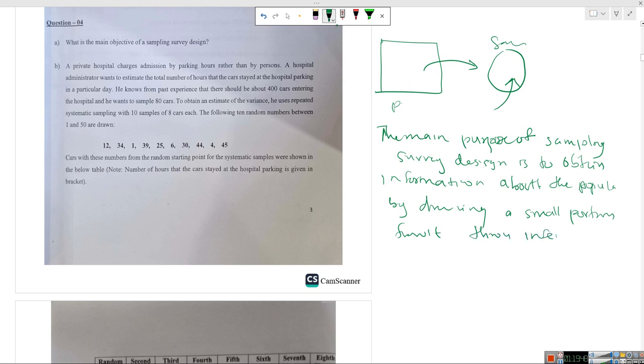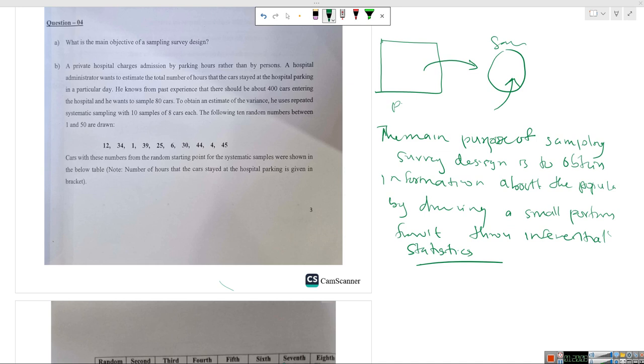So we call that process inferential statistics. I hope this is the answer they expect for question A, and now we will move to question B.